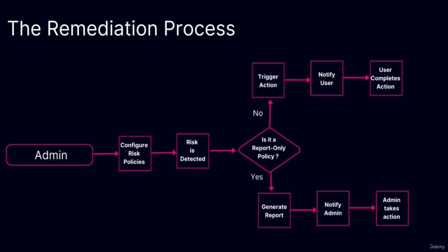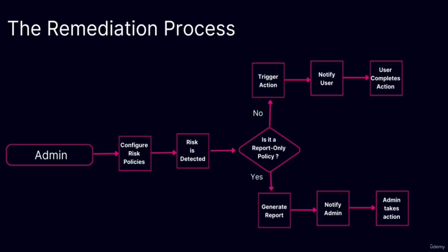But if you have a conditional access policy which triggers an action, let's just say the action is enforcing MFA, then the user will receive a notification. In this case, the notification is actually the prompt for MFA. The user will complete the action and be signed in. If the user cannot complete the action, obviously the user cannot sign in.